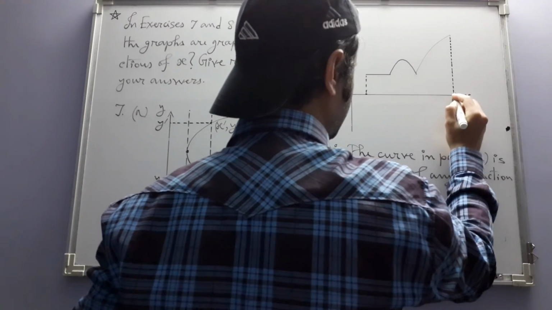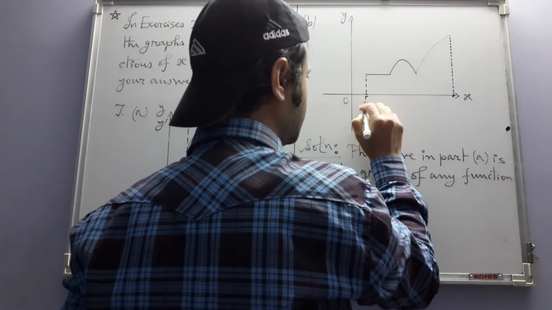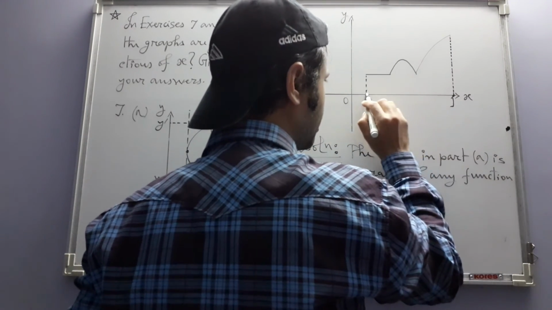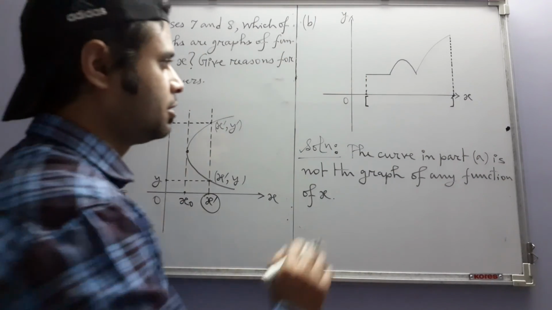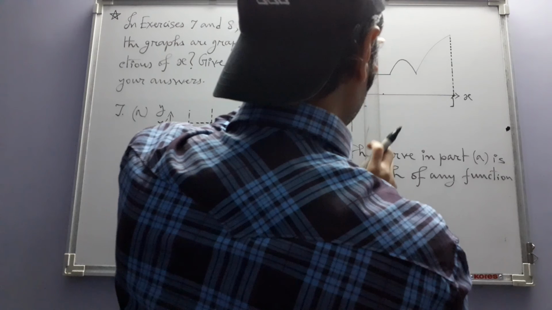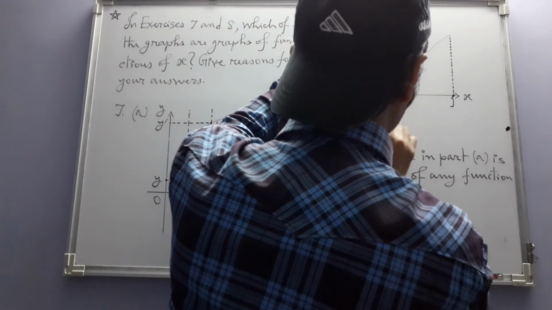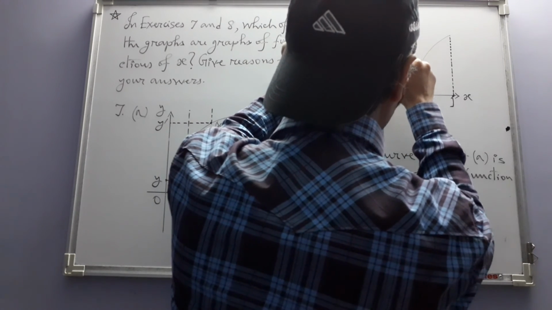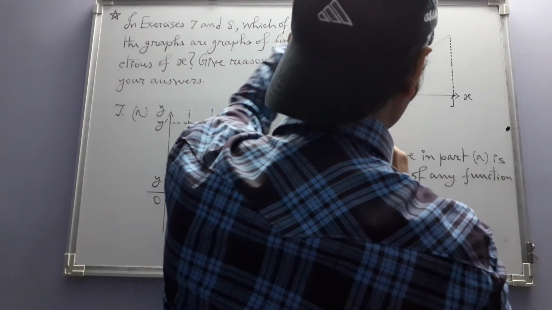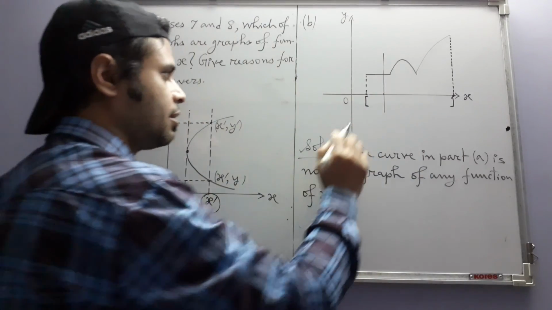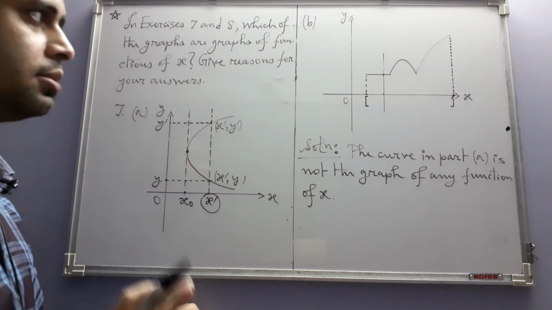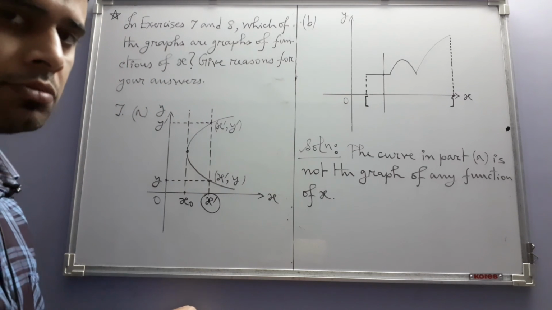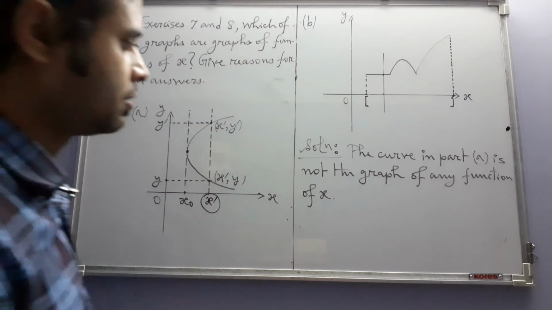The domain is the closed interval determined by these two real numbers, and at any point in the domain the vertical line passing through that point crosses the curve at exactly one point. So the uniqueness of outputs is maintained here. So this will be the graph of some function.